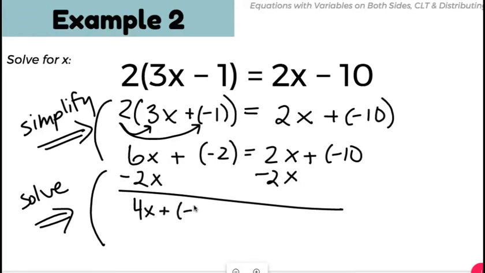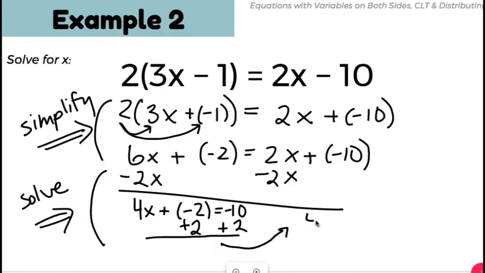So now I have 4x plus negative 2 equals negative 10. And then go ahead and solve that two-step equation. It's very simple. If you want to follow along with me, you can, or go ahead and just start working on your own. Move this over.